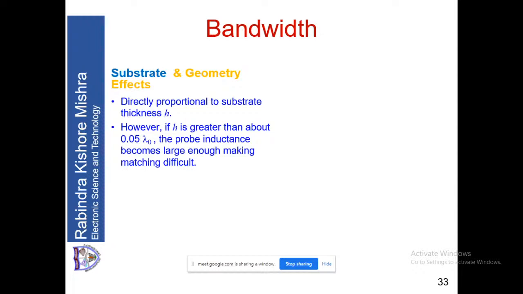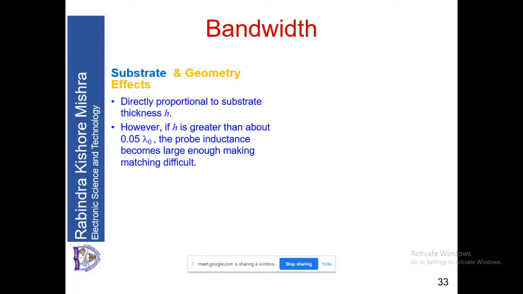Then next is, if H is very large, which means if we are increasing H, we are going to increase the bandwidth. Therefore, we could take an infinitely thick or very thick substrate to get a very large bandwidth. That is not possible.